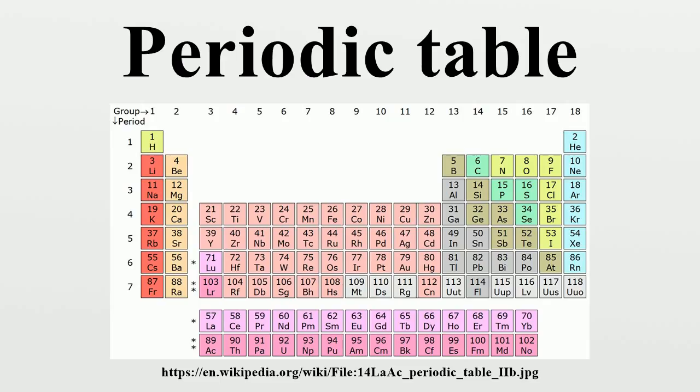Elements in the same group tend to show patterns in atomic radius, ionization energy, and electronegativity. From top to bottom in a group, the atomic radii of the elements increase. Since there are more filled energy levels, valence electrons are found farther from the nucleus. From the top, each successive element has a lower ionization energy because it is easier to remove an electron since the atoms are less tightly bound.